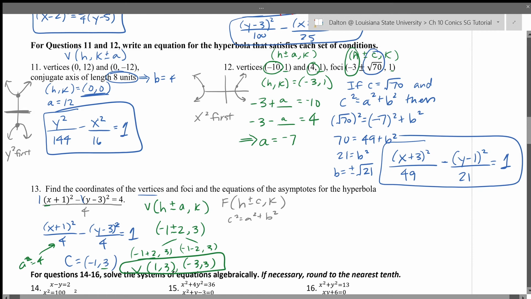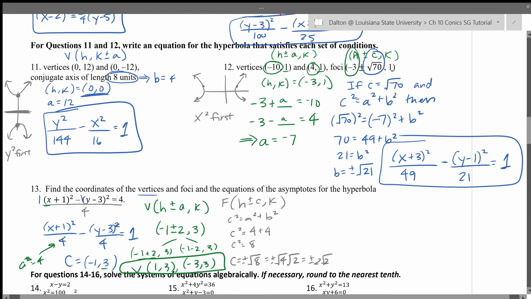And we know a squared and b squared from the original equation. So c squared is going to equal 4 plus 4, which means that c squared is going to equal 8, which means that c is going to equal plus or minus the square root of 8, which is plus or minus the square root of 4 times the square root of 2, which is plus or minus 2 square roots of 2.